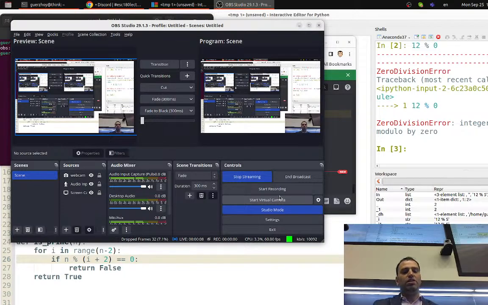So let's see how it runs for is prime 5. I'll put a breakpoint here, and I'll step in. So here I'll check, okay, n is 5. So it says for i in range 3. So I can check that n minus 2 is 3.